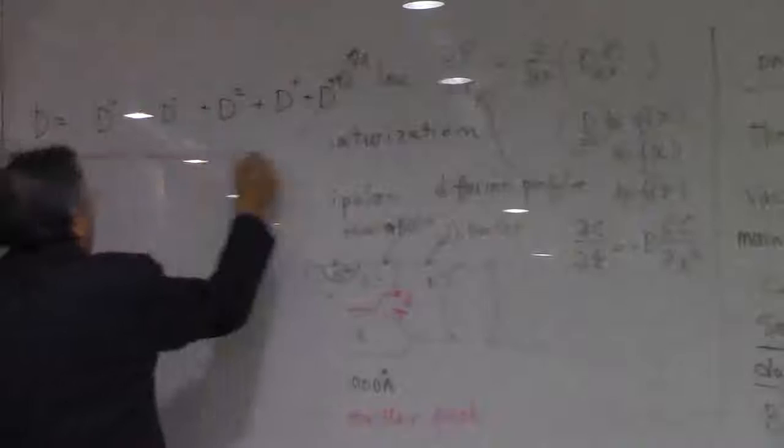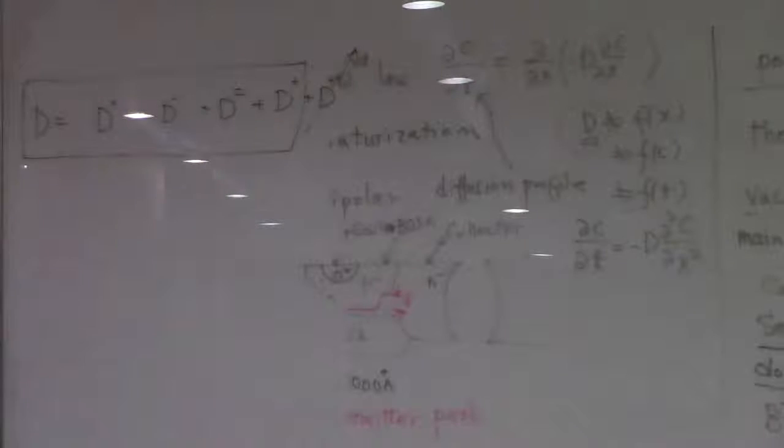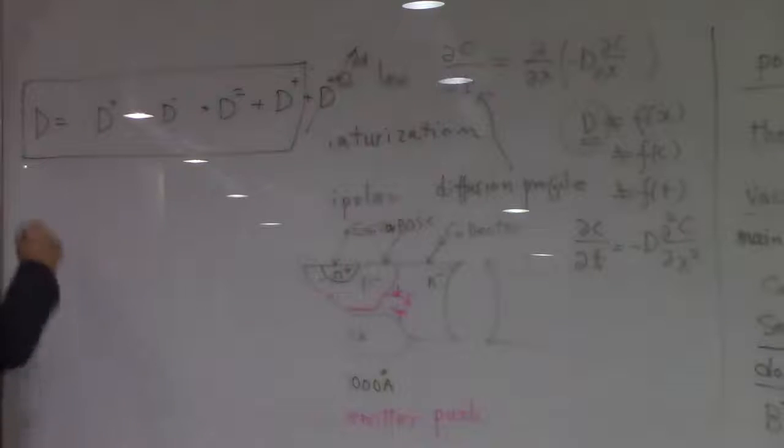So basically we have these 4 terms to make a total diffusion coefficient of any species.